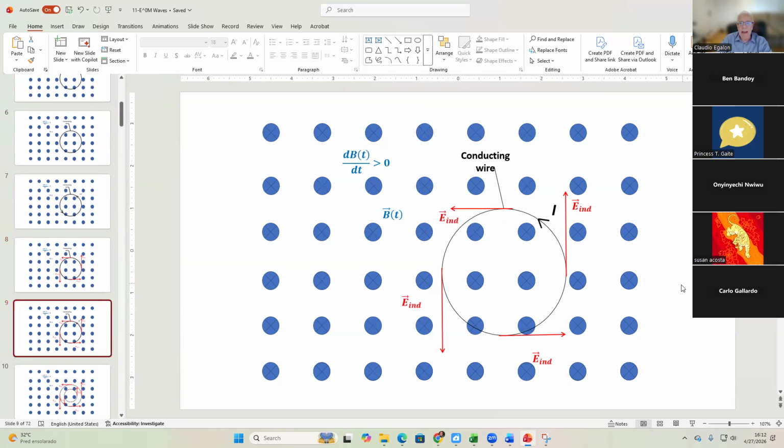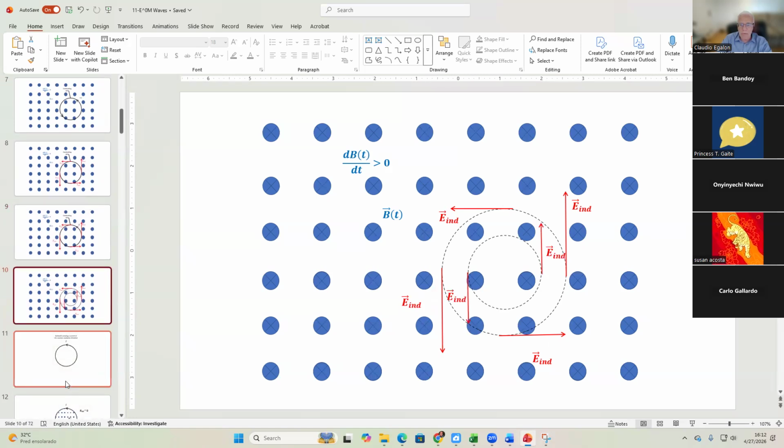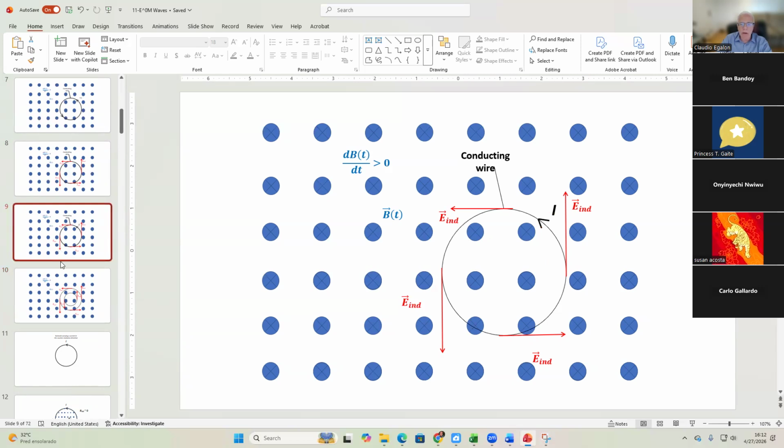Okay, and it is this electric field that's powering the current in this conductor. If we decrease the size of the loop, the electric field would decrease as well. Notice that I took the conductor out from this region.